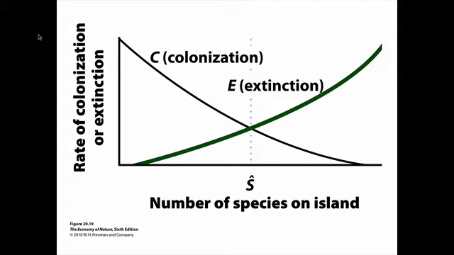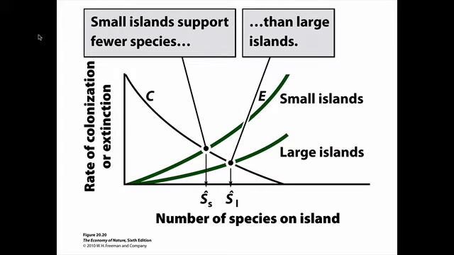So let's look at how island size and island distance should be expected to affect these things. Okay, so here's island size, and here's the colonization rate. So what you're thinking of here is two islands that differ in size that are identical distances from the mainland. There's a small one, there's a big one.